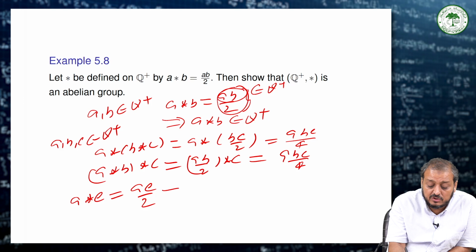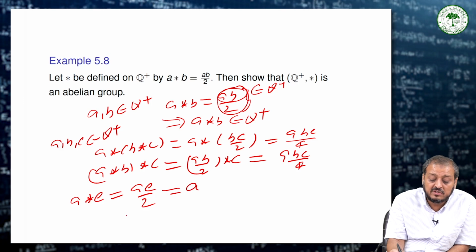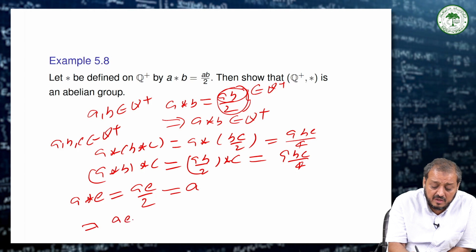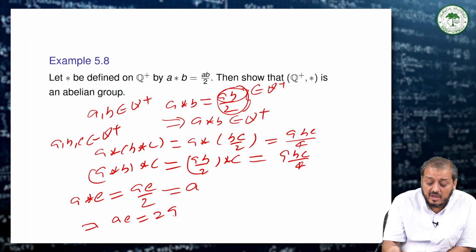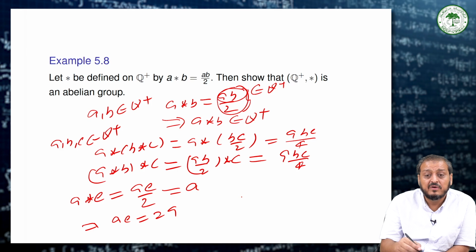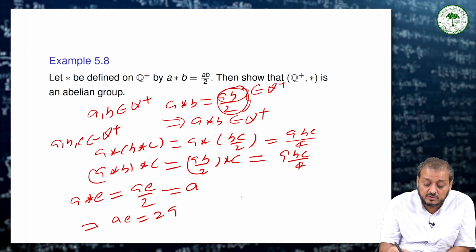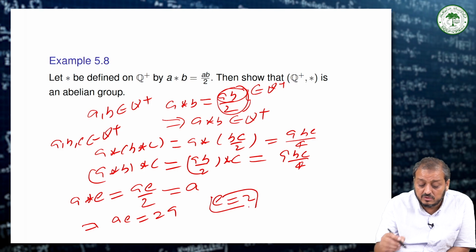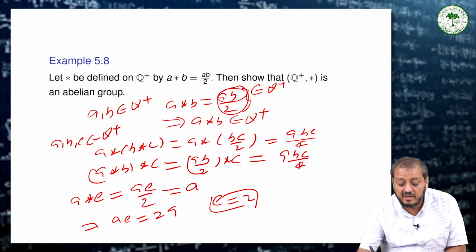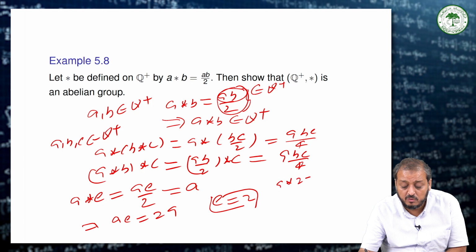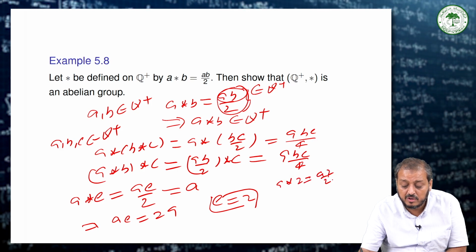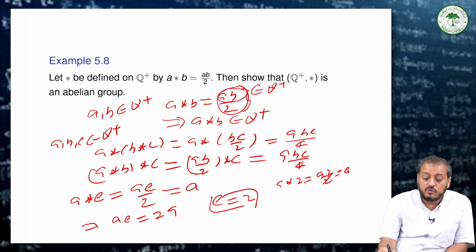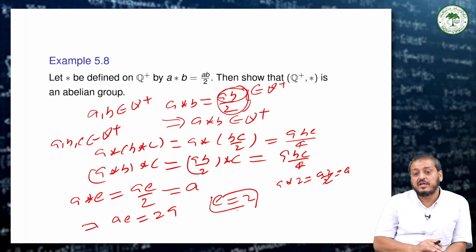By the property this should be equal to A, so EA is equal to 2A, and since A is a positive number, E is equal to 2. So for an element A, A composition 2 is equal to 2A by 2, which is equal to A. So E equal to 2 is the identity element in this case.